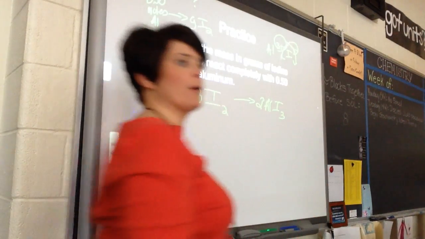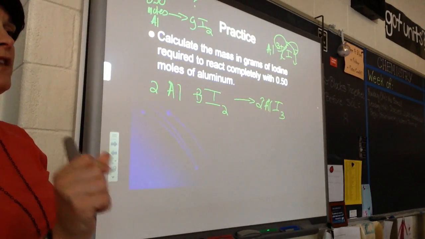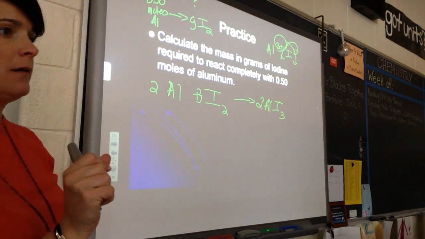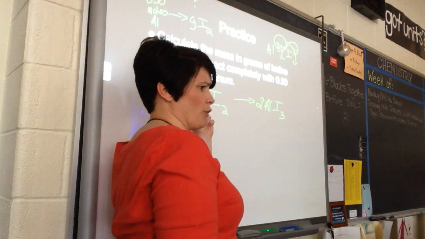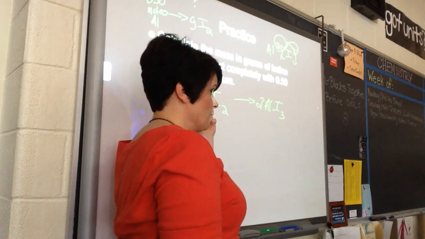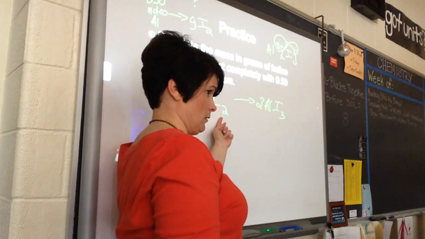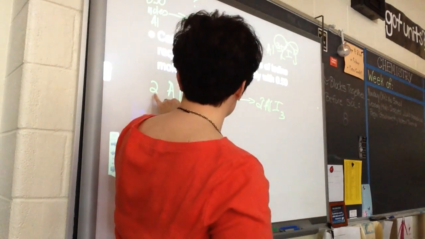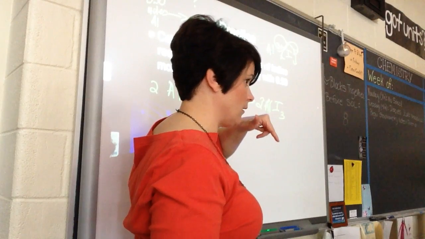Please remember, I see kids doing this all the time. Pay attention and focus on what I'm saying. This coefficient does not play a role in the molar mass. You're not figuring out the mass of 3 I2s. The only time we use the 2 and the 3 and the 2 is inside that mole ratio. That's it.